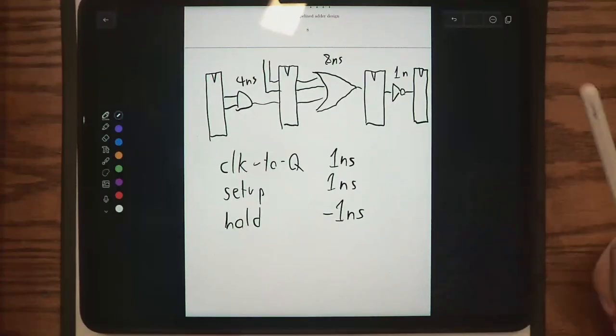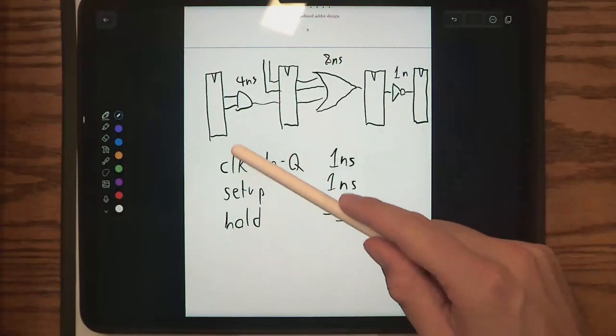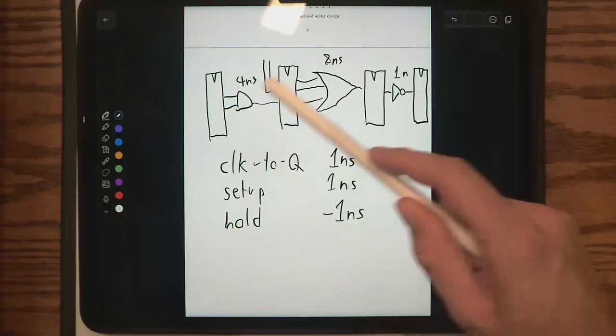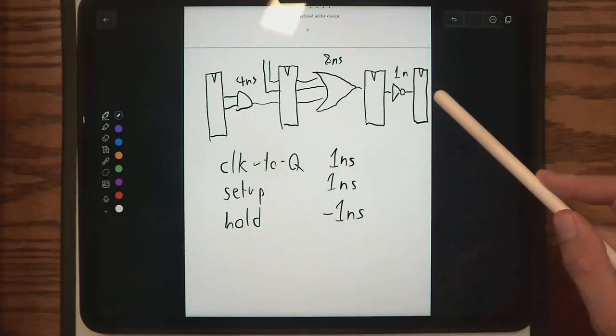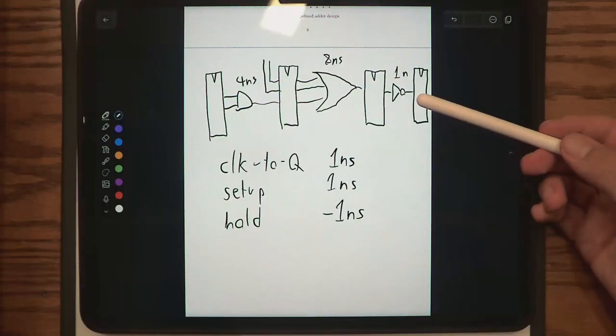In this case, we have a delay of 4 nanoseconds, a delay of 8 nanoseconds, and a delay of 1 nanosecond. What will the clock frequency be now?